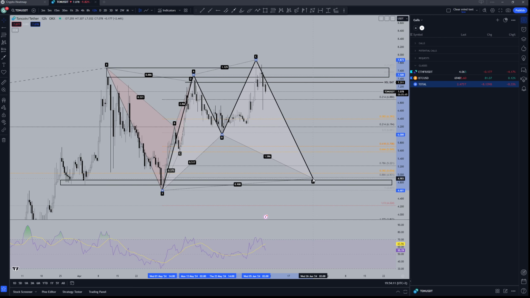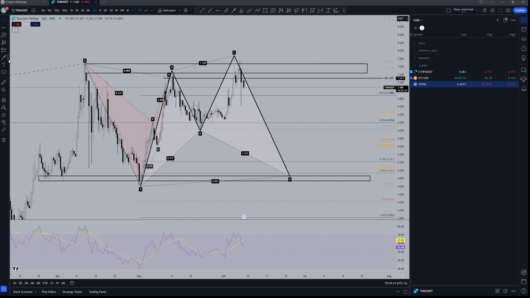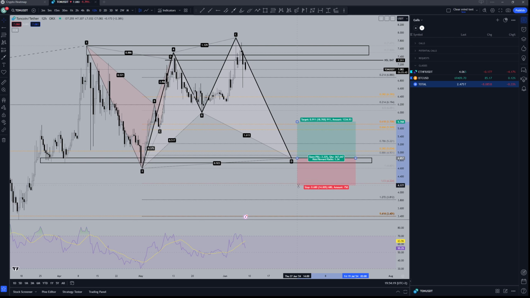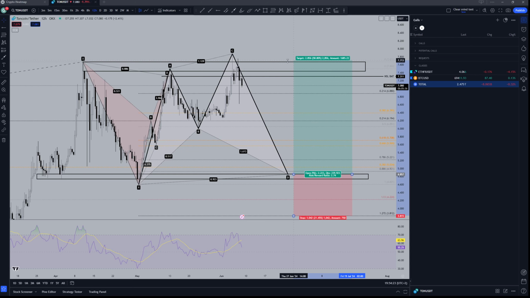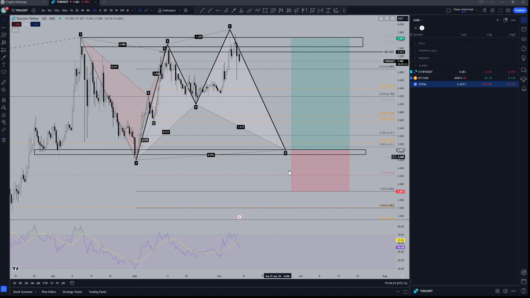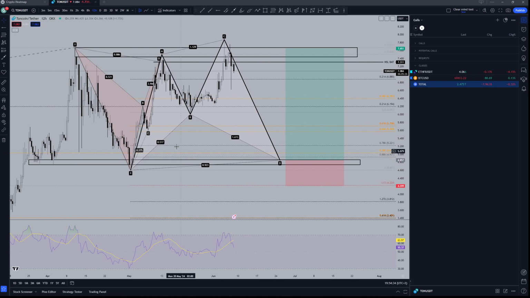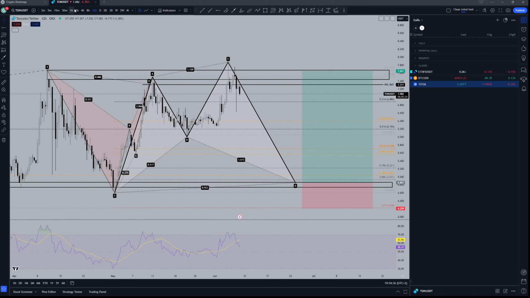You would, however, have a valid Shark around this area again. I doubt that we'll get it, but you would be able to get a nice long here. And again, this top is pretty wide, so you would essentially just look for a reaction at first, which would allow a bit more of a tight stop instead, or for a spot position.